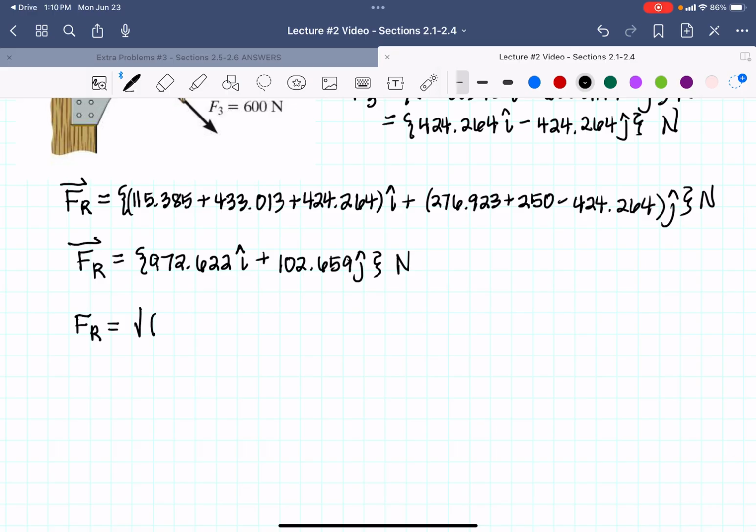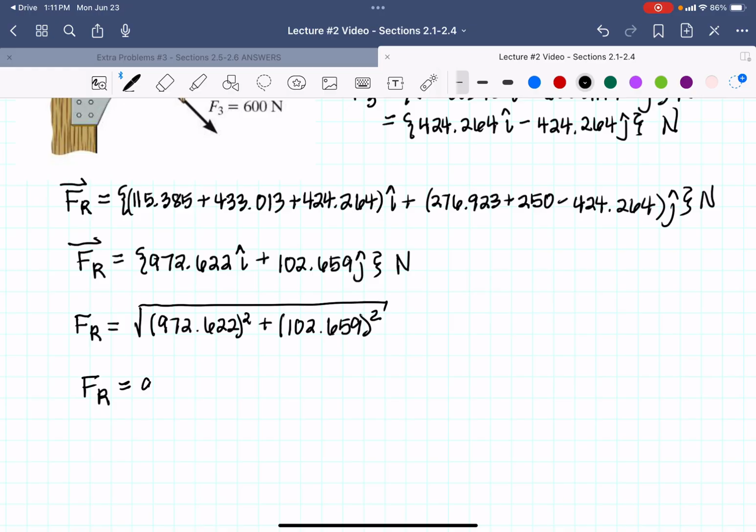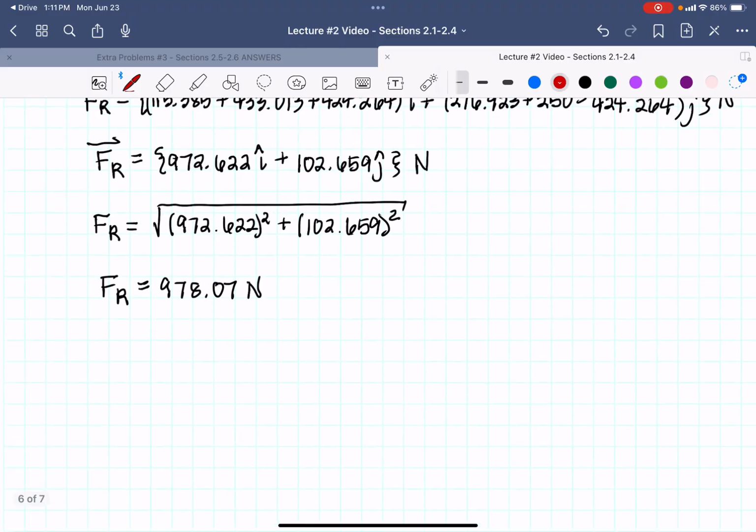So that's going to be the x component squared plus the y component squared, and we'll take the square root of that, which gives me that the resultant force equals 978.07 newtons. So that's part of my answer.